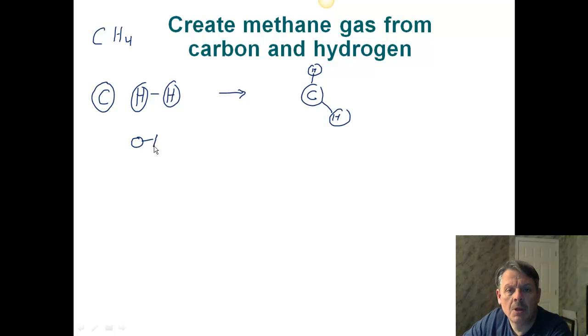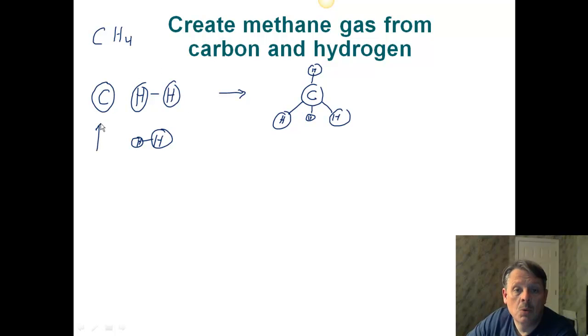Well, I get them from another molecule of hydrogen, which is H bonded to H. Remember, hydrogen is one of the Brinkelhoff elements, so it's always bonded to itself in its elemental form. So now I can use those other two hydrogens, I can break them apart and bond them to carbon, so I get my CH4. So what have I actually done?